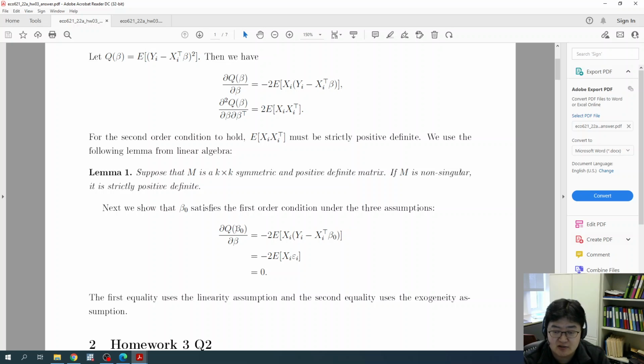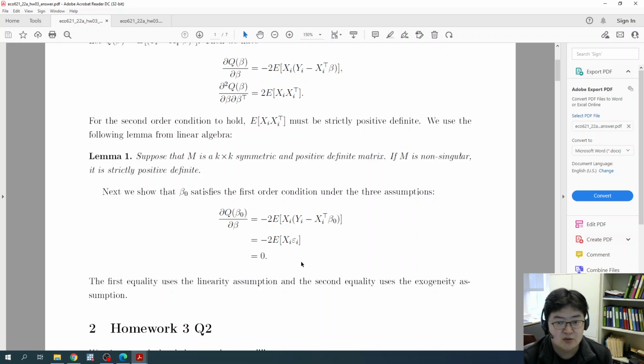At the specific true value, the derivative becomes this, and this equals x epsilon using the linearity assumption, and this is zero by the exogeneity assumption. So we complete the proof by showing that the second order condition is satisfied, and then the first order condition is also satisfied. So beta 0 is the unique minimizer of a strictly convex function.